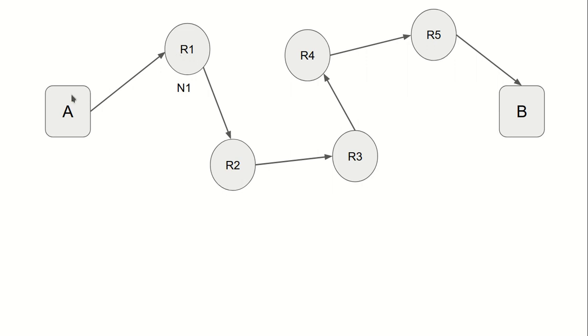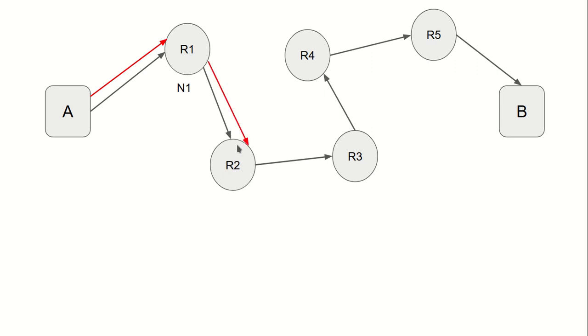After that, device A sends the data to router 1. Router 1 will check in its routing table where the next location or destination is to which it will send the data. The routing table will provide this information. After that, router 1 will send the data to router 2.